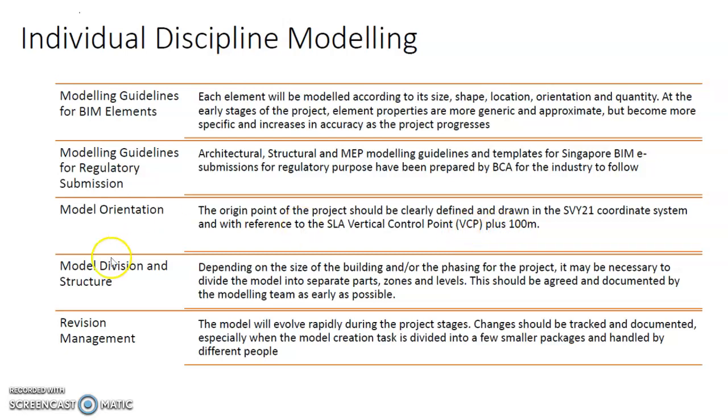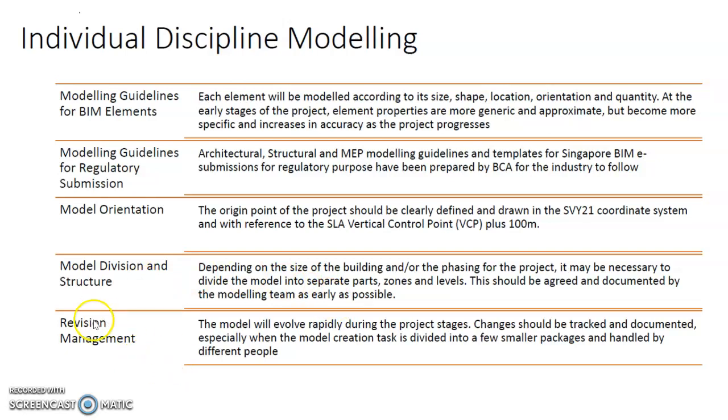In terms of the model division and structure, depending on the size of the project or the phase of the project, it may sometimes be necessary to divide the model into separate parts or zones or levels. When that is done, it should be agreed and documented by the modeling team as early as possible so that there is no confusion.